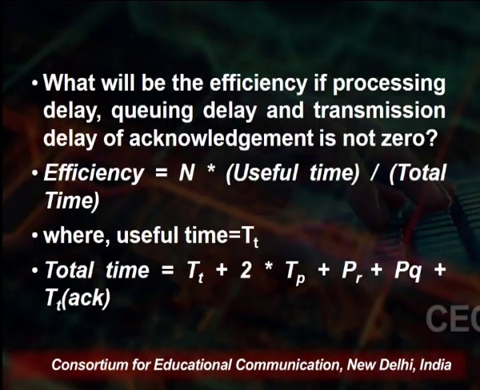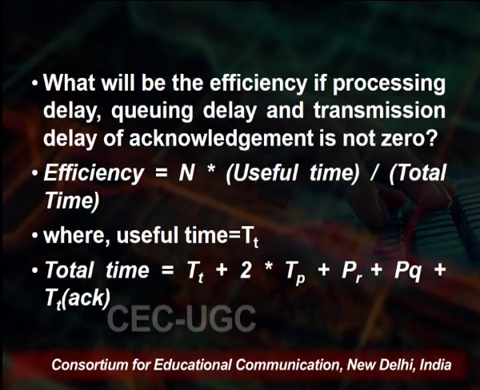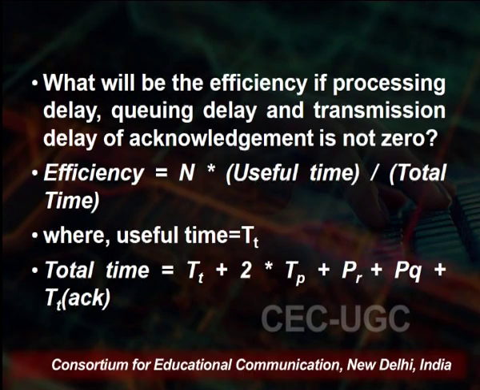Now, let us also try to understand the scenario when we talk about efficiency: what will be the efficiency if we assume the processing delay, queuing delay, and transmission delay of acknowledgements is not 0. In this situation, efficiency is given by a formula: N multiplied by useful time, divided by the total time.